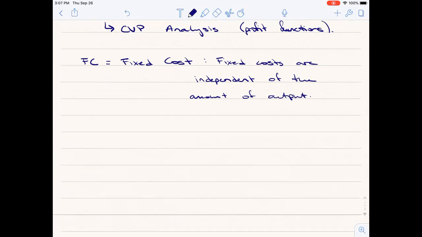So fixed costs are things like your rent, the people you pay. You have to pay them even if you're not producing anything. As long as they're showing up, you have to keep paying them. Cell phone bills, those types of costs, they don't care about whether you're selling stuff or not. If you've signed up for these services, then you have to pay for them. So those are fixed costs.